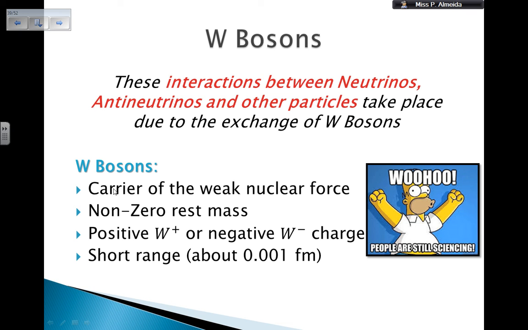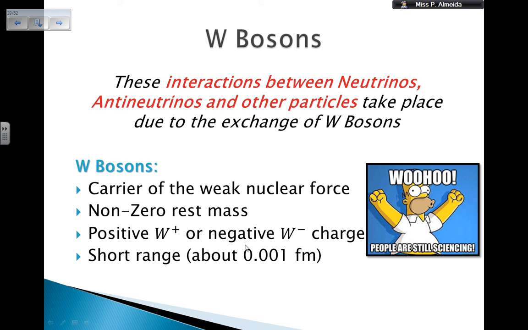So W bosons are the carriers of the weak nuclear force. They have a non-zero rest mass. They can be positive if I have a positron decay, or negative if I have a beta decay. So they have this positive or negative charge, and they have a very short range. So this happens only when things are very close to each other, okay?